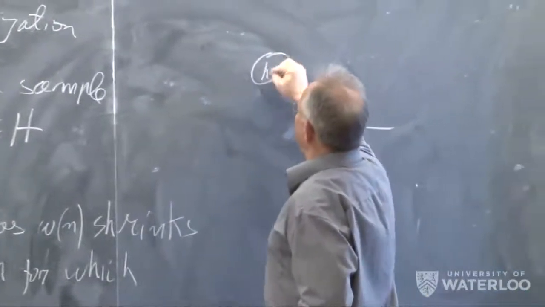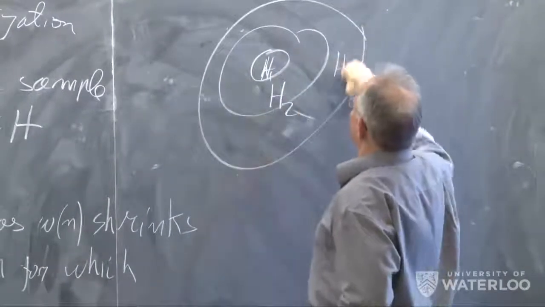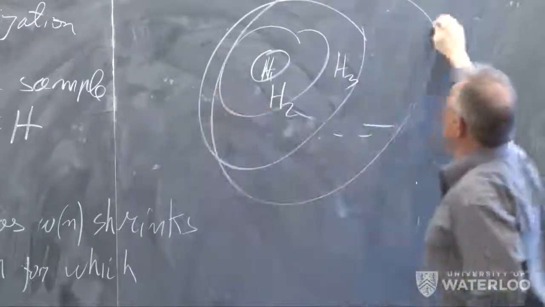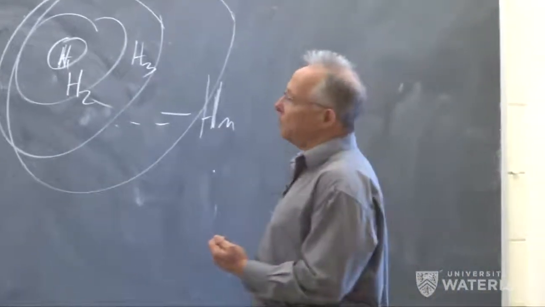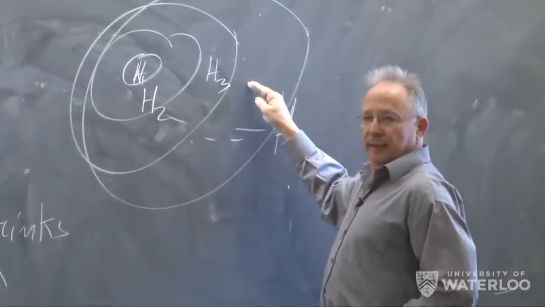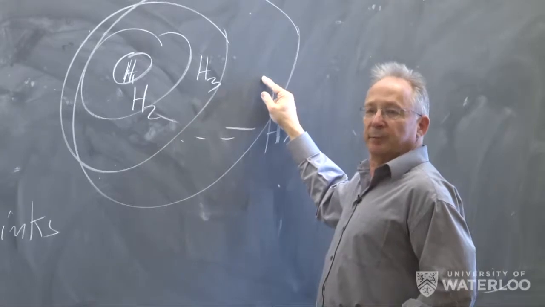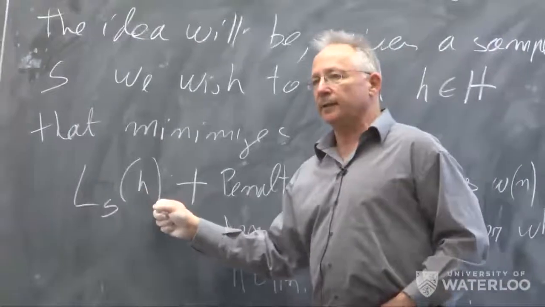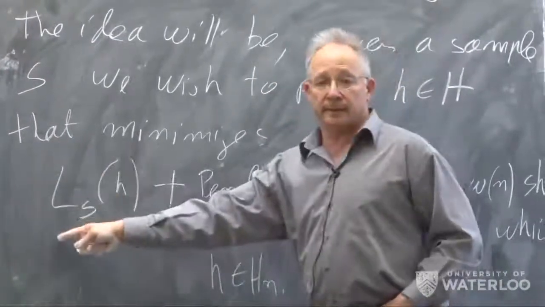So we are going to say we have those classes. I have here H1, H2, H3, Hn, and so on. I get a sample. What I'm going to do is see how well I can fit the sample. Of course, as I go to bigger and bigger h's, I will be able to fit the sample better. So if all I wanted to do was to minimize the loss, then I'd do empirical risk minimization and just pick an h that minimizes this.